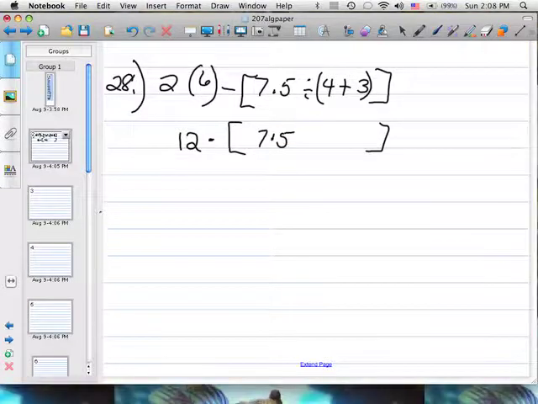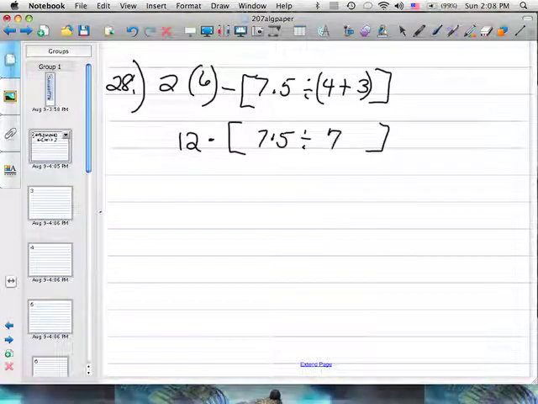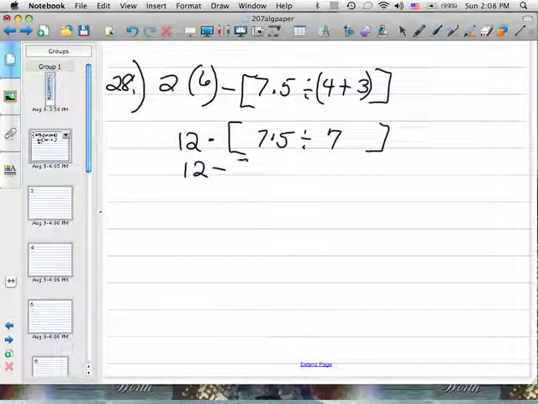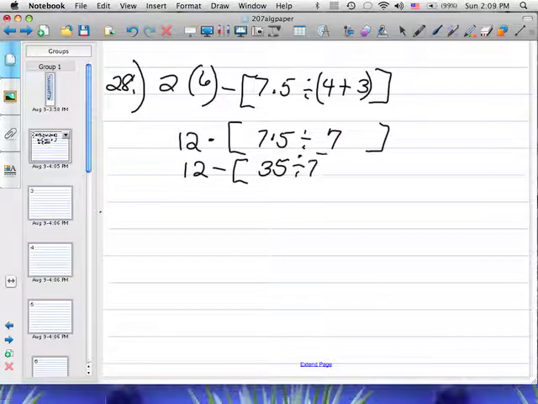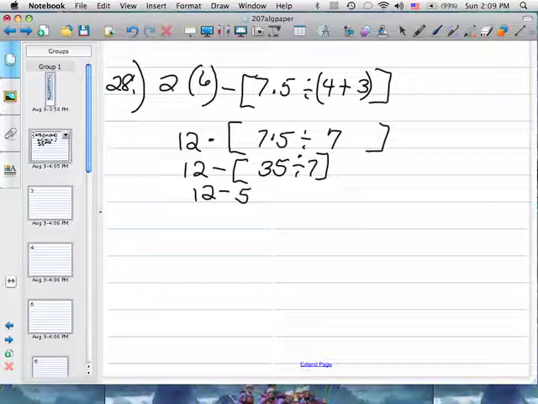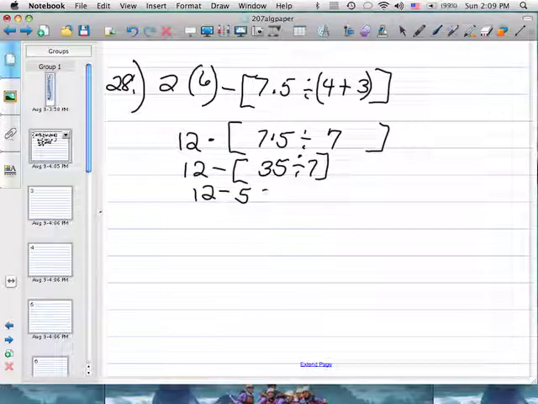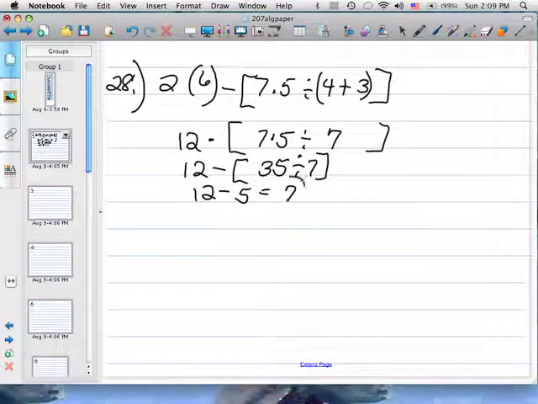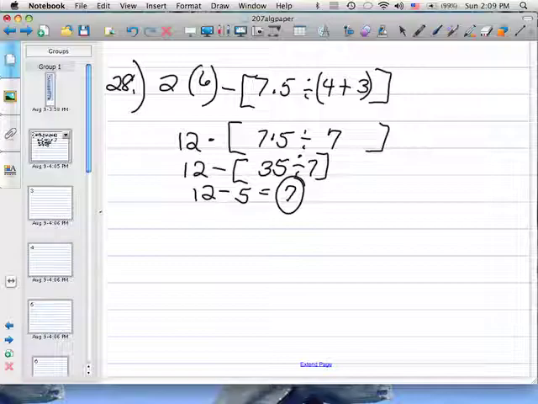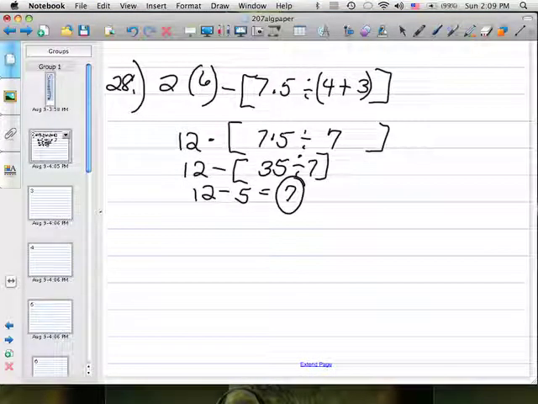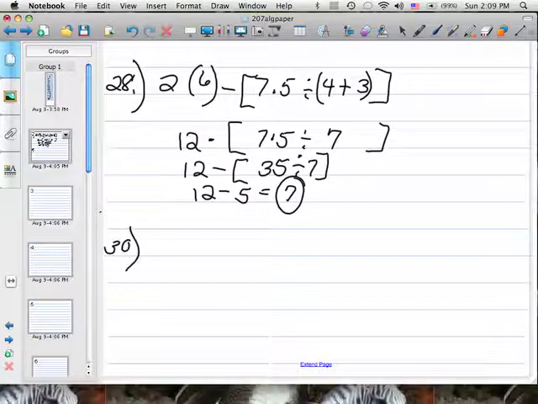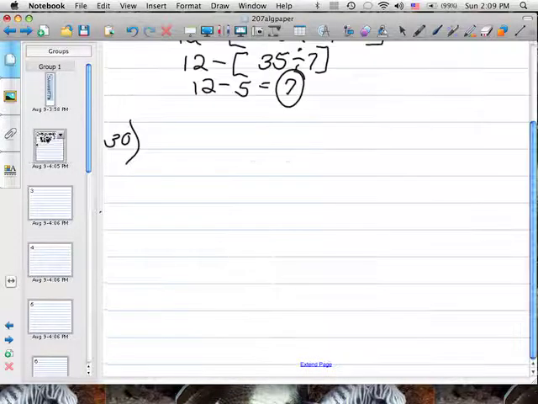So doing the inside grouping symbols here, 2 times 4 is 8. 8 take away 3 is 5. So we have 5 plus 5 times 5. Doing the multiplication that's still in the grouping symbols, we have 5 plus 25. Adding the 5 and 25, we get 30, and 3 times 30 equals 90.